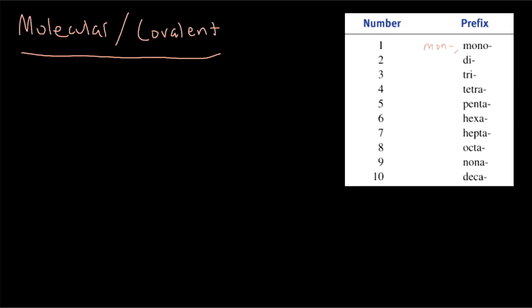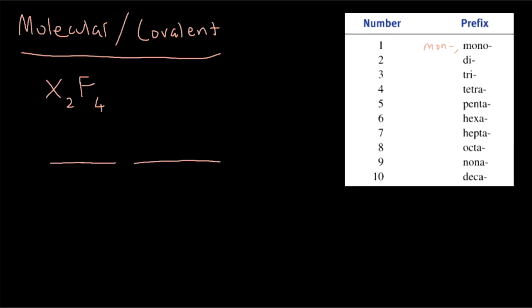So first we'll start off with an example of a molecular compound. And then I'll introduce the rules for them. So first we'll start off with this one. Okay. So the first element over here is xenon. So how we name this is we still use the same two words, which will be the first one and the second one.